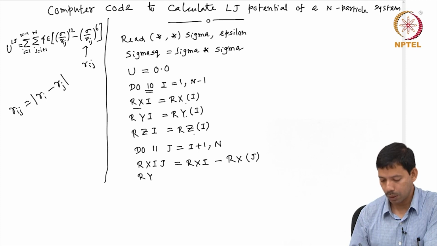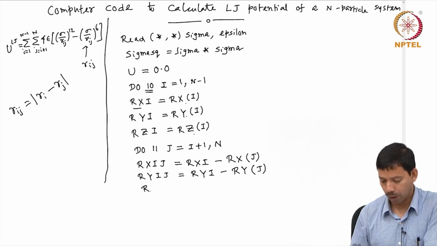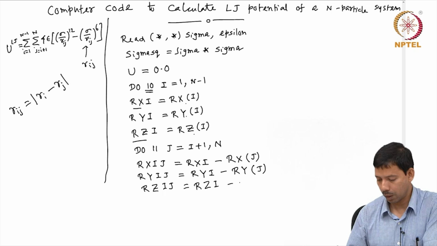Similarly, Ryij is Ryi minus Ryj, and Rzij is equal to Rzi, which I already have, minus Rz of the jth particle.